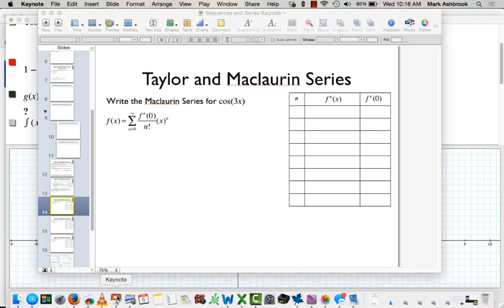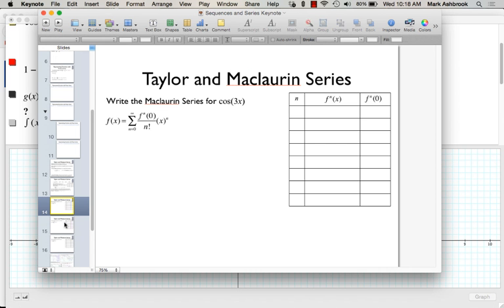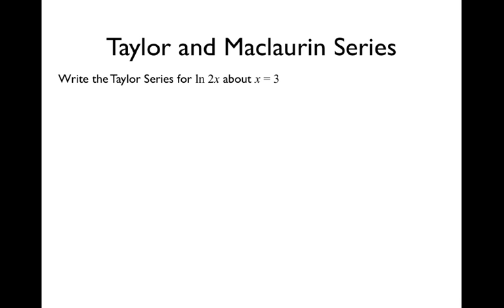So let's do, here's a good one. Taylor series for natural log of 2x about x equals 3. So the a value, this means a equals 3. Okay, so that's our Taylor series centered at 3.